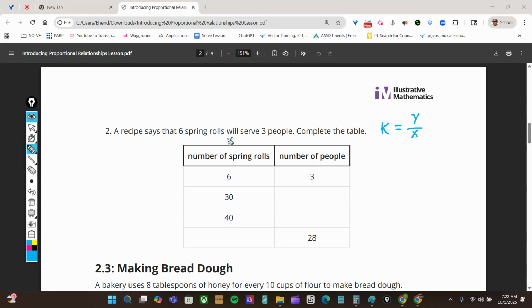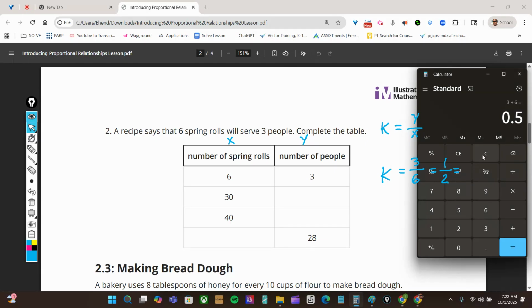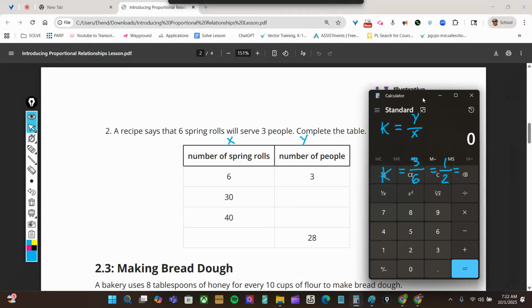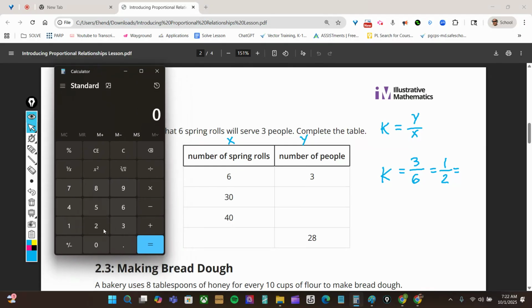If this is our x and this is our y, okay, we can find out the constant equals our y, which is 3, divided by x, which equals, simplified to 1/2, or if that's confusing, you can just do it with a calculator. Yep, I tested it, make sure. 3 divided by 6 equals 0.5.